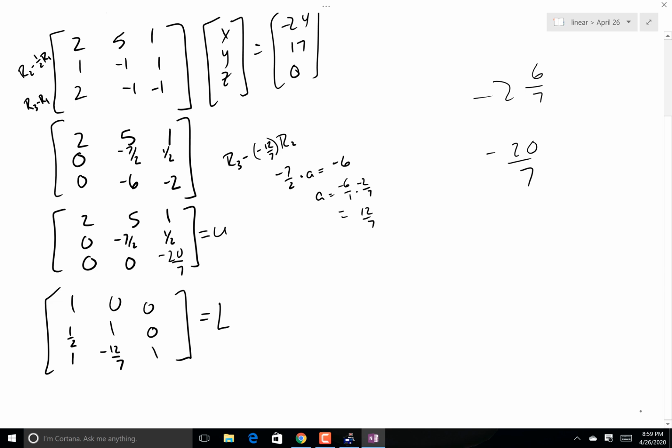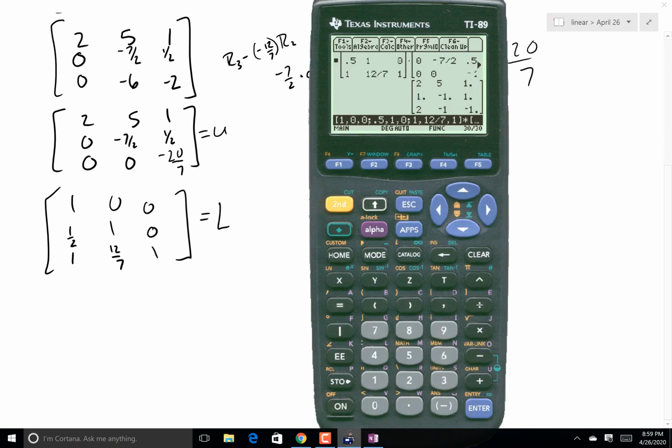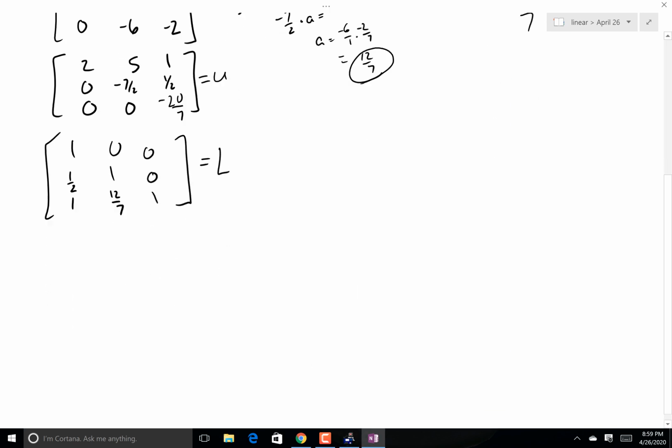So the 12 sevenths should have been positive right here. I had it positive, and then I made it negative in here for some unknown reason. There it is, okay? So it does work. I checked it. Yay. Good Lord.